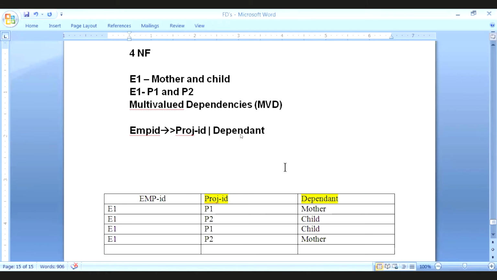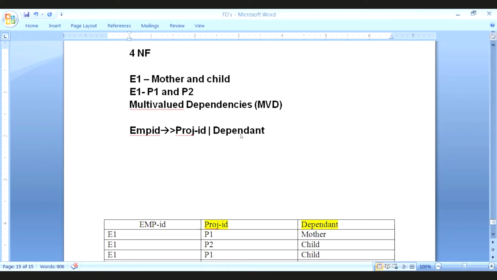Can anybody tell me an example of a trivial FD? What is a trivial FD? Suppose I have A, B determines C. Is this an FD? Yes, it is an FD.